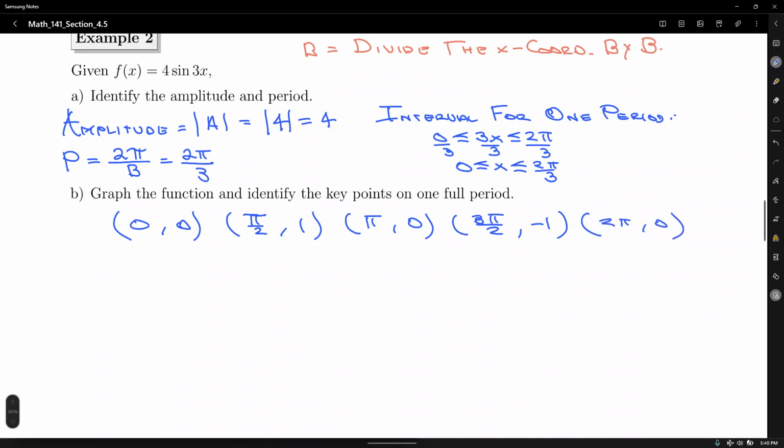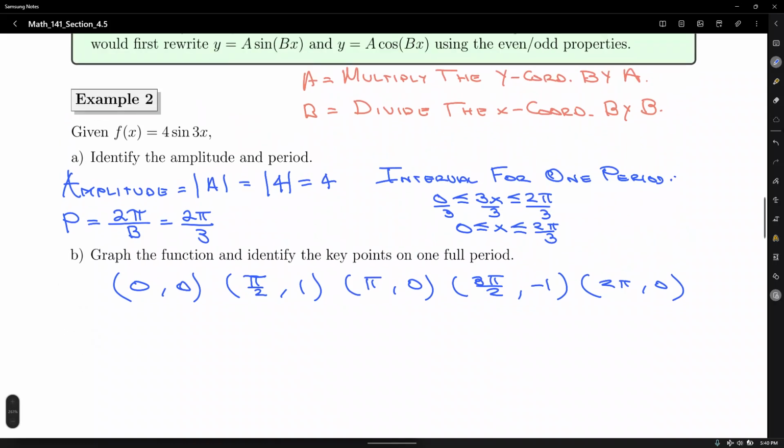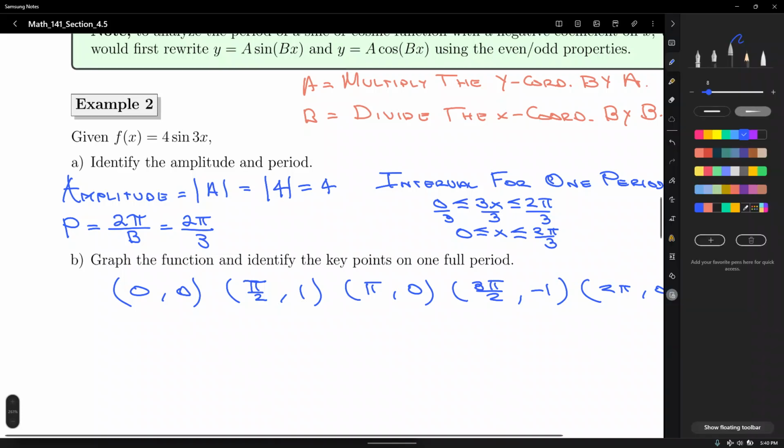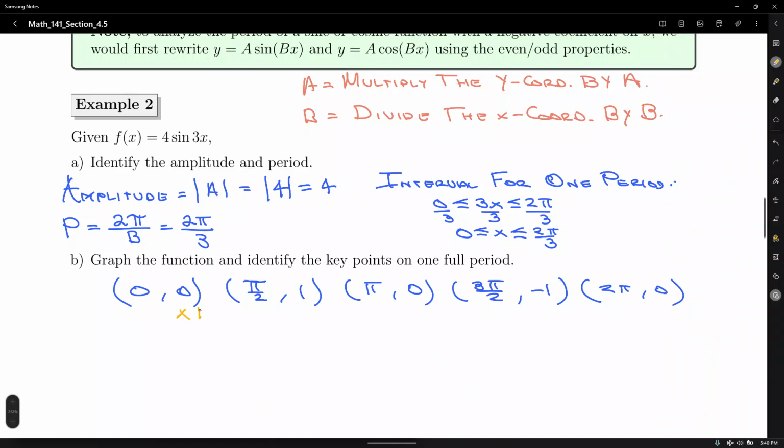In this case, what are we going to do for the key points? Number one, a means multiply the y coordinate by a, which is 4. So the y coordinates get multiplied by 4: times 4, times 4, times 4, times 4, and one more times 4.